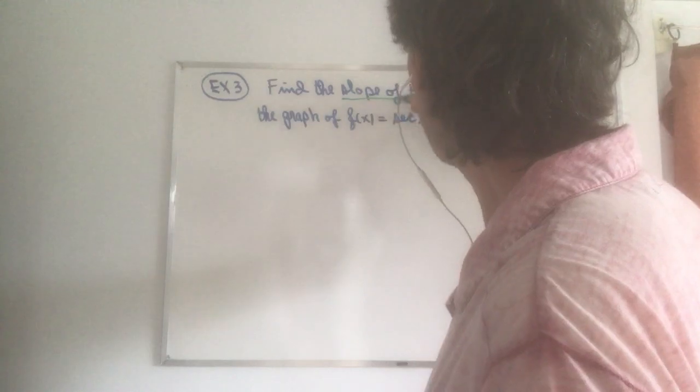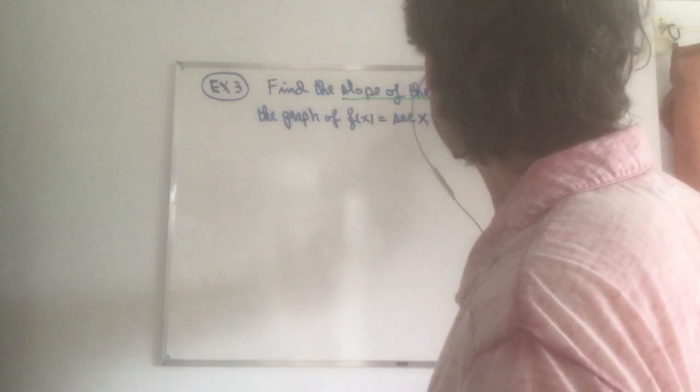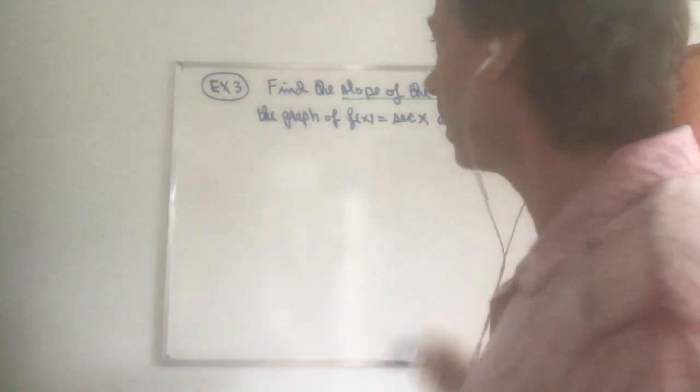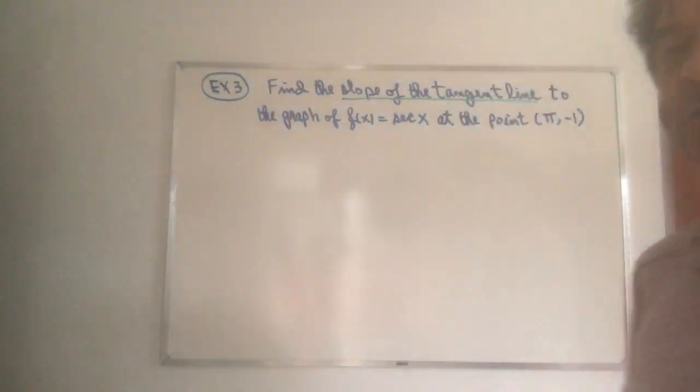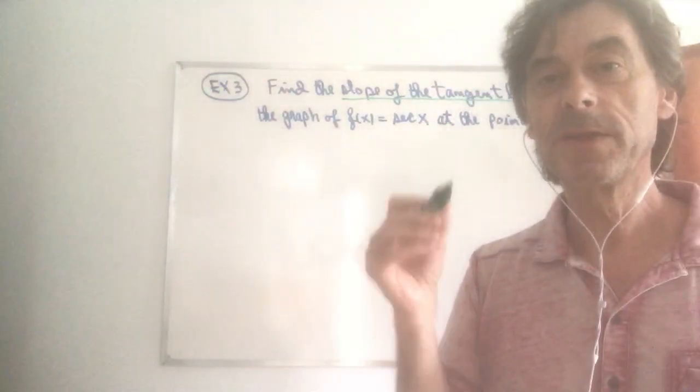we haven't encountered in a while, but I hope you did not forget that the slope of the tangent line is the same thing as what? Slope of the tangent line is the same thing as the derivative.